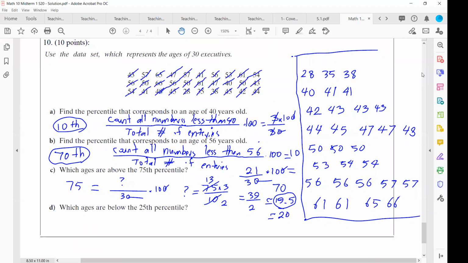So if you count 1, 2, 3, 4, 5, 6, 7, 8, 9, 10, 11, 12, 13, 14, 15, 16, 17, 18, 19, 20, the age is going to be 54 and above. So the age that corresponds is 54, and since it says above, it is 54 and above.